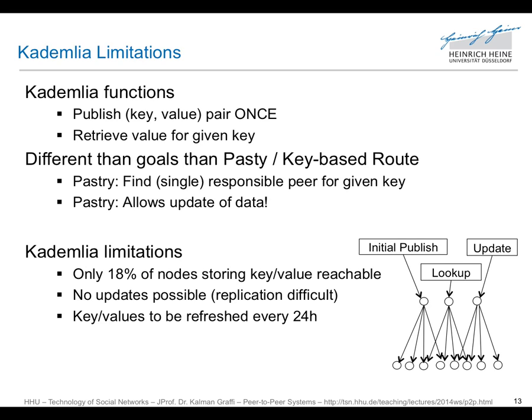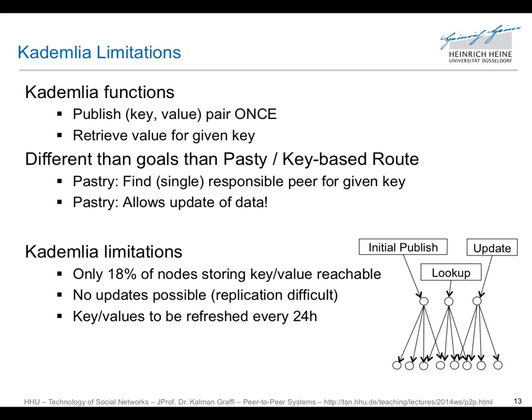If somebody makes a lookup later on, and you updated only 18%, or a different 18%, or whatever, they reach a set of nodes which give them different answers. You ask for a key, please return me the value, and you get different versions of this data. You don't know which one is the newest, which one is older, so you don't have consistency in the network. In Chord and in Pastry, it is given.